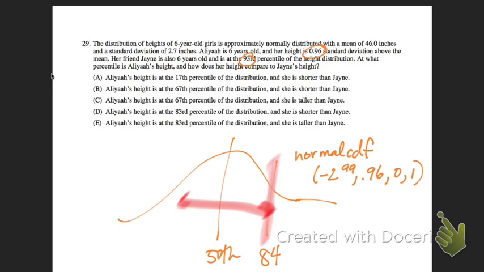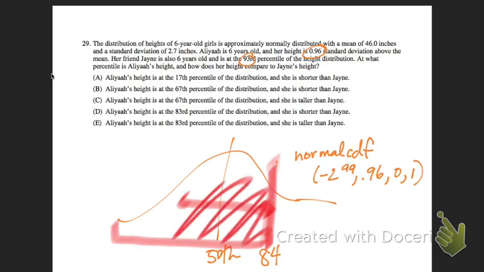That would give you what percentile you were at, because it's going to give you all this shaded area, which ends up being about 80.83. Because the 0.96 standard deviations is her height, right? So it's going to be either D or E. And if you're at the 83rd percentile and your friend's at the 93rd, then you're shorter. So D.